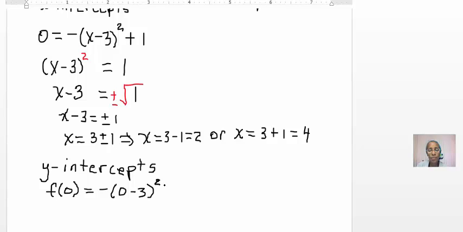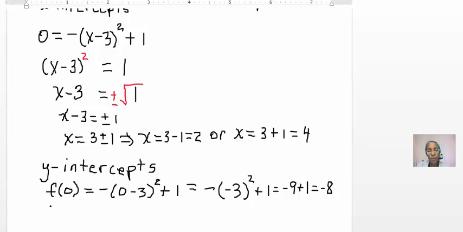So wherever I have an x, I put a 0 instead. So I get negative the square of 0 minus 3 plus 1. So negative the square of negative 3 plus 1. Negative 9 plus 1, which is negative 8.